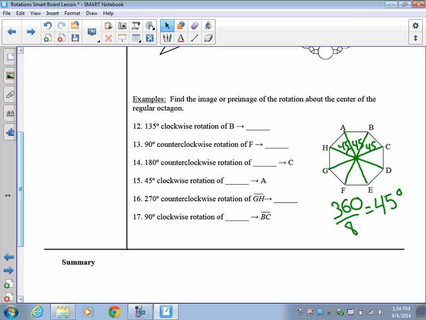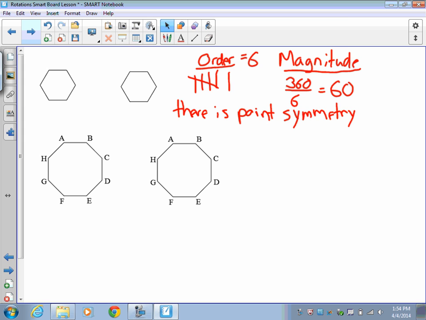So if I start at point B, and I'm asked what it's going to be when we do a clockwise rotation.